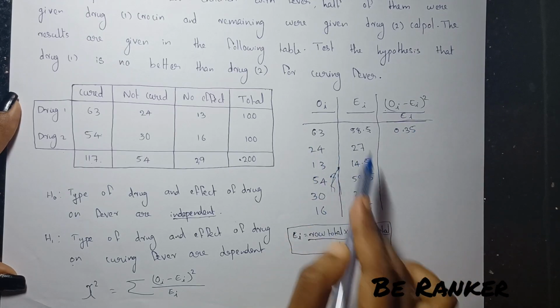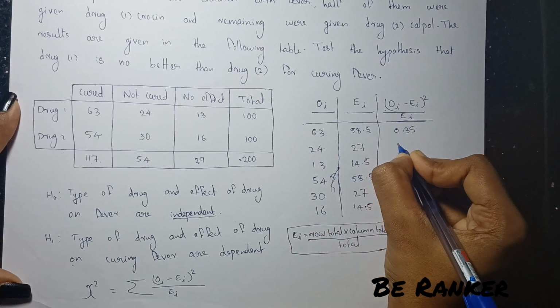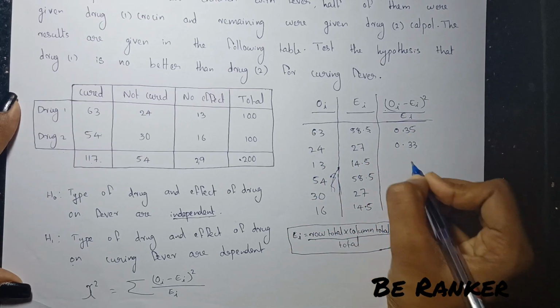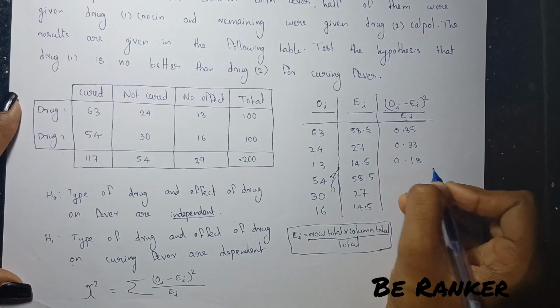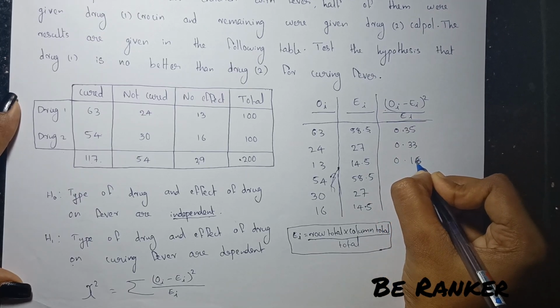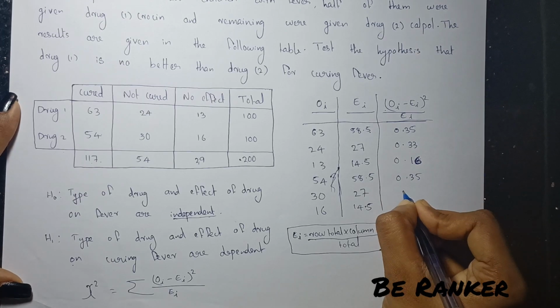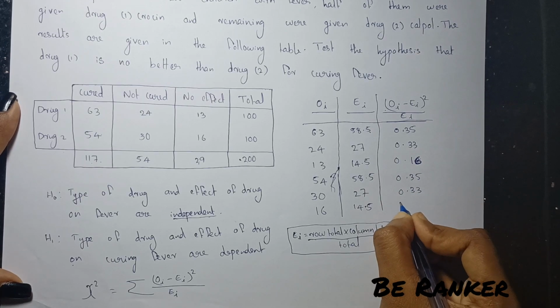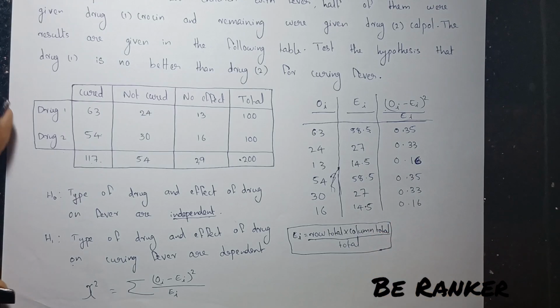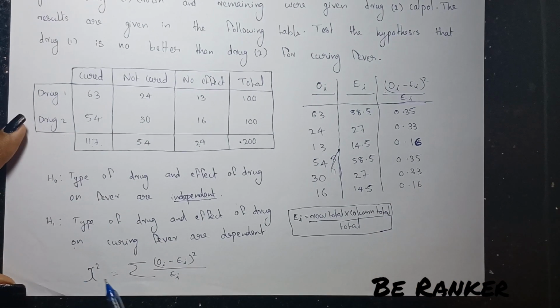Like this, we can calculate all the other values, and the answers are 0.33, 0.18, 0.35, 0.33 and 0.16.